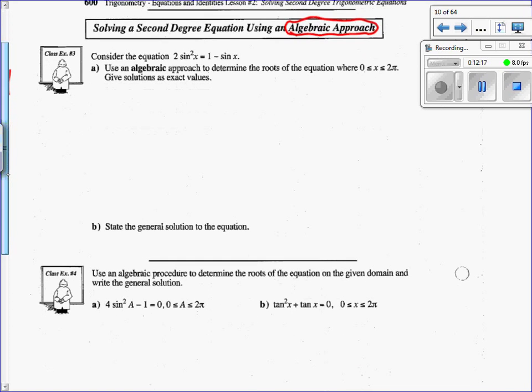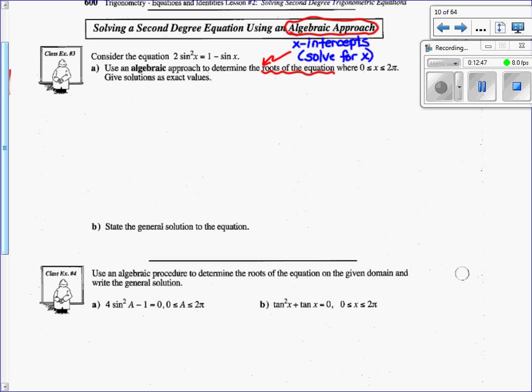Okay, so when it says to us, use an algebraic approach to determine the roots of the equation, what does that mean? Roots are what? Those are your x-intercepts, if you were graphing this, right? And so what that really means is solve for x. Okay?